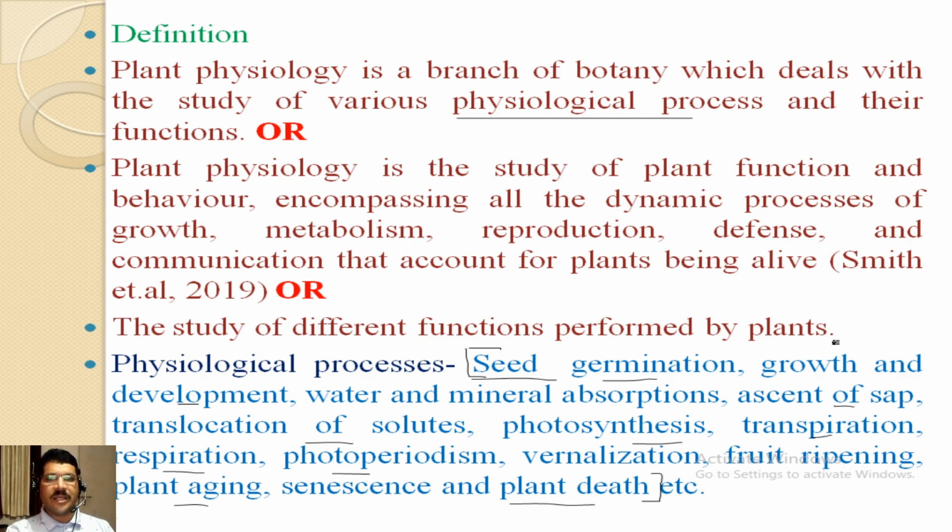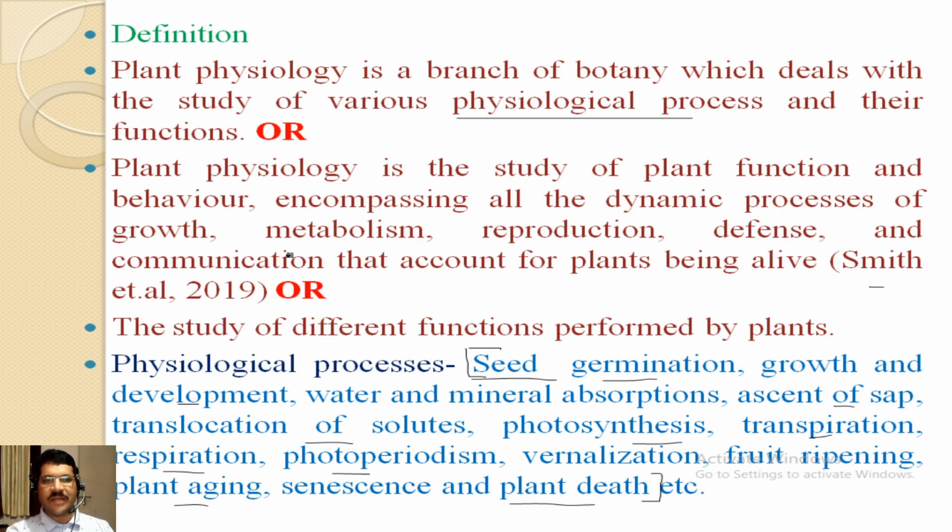Another definition is given by Smith et al. in 2019. Plant physiology is the study of plant function and behavior, encompassing all the dynamic processes of growth, metabolism, reproduction, defense and communication that account for the plant being alive.